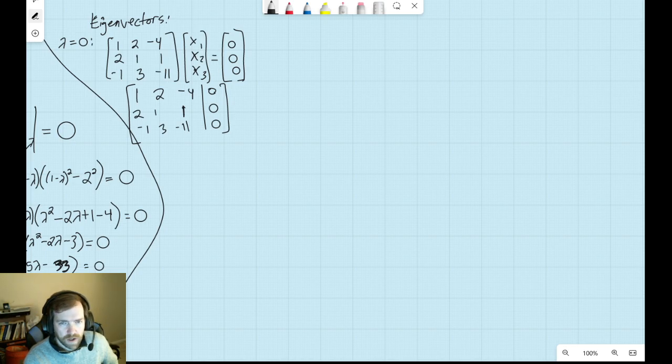Alright, so we're going to take row 2 and add twice row 3. It's already got an opposite sign in the first column, so that'll help get rid of it. And we'll take row 3 and add row 1 to it, and it will become the new row 3.